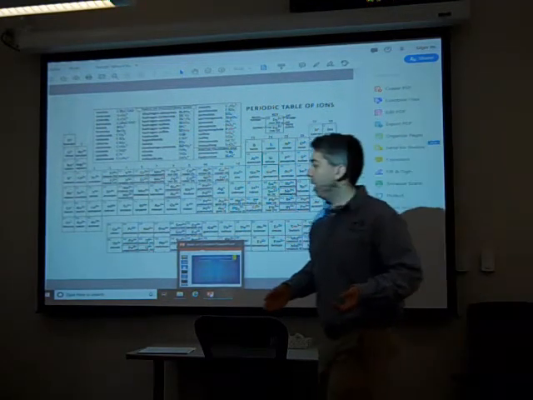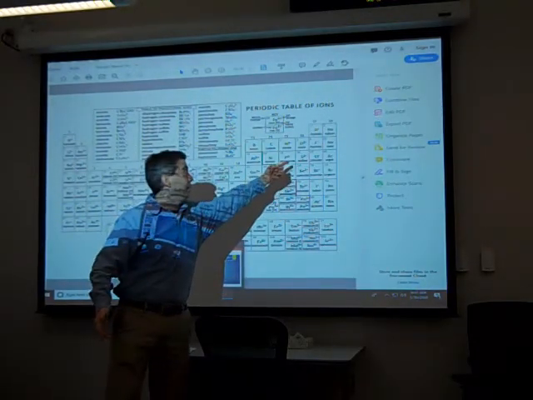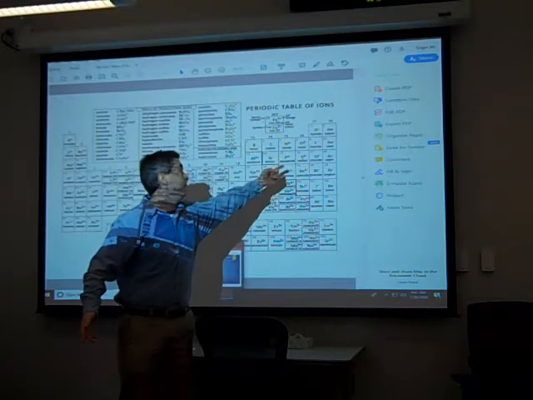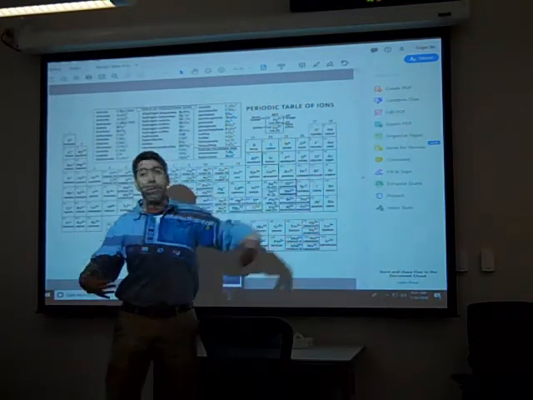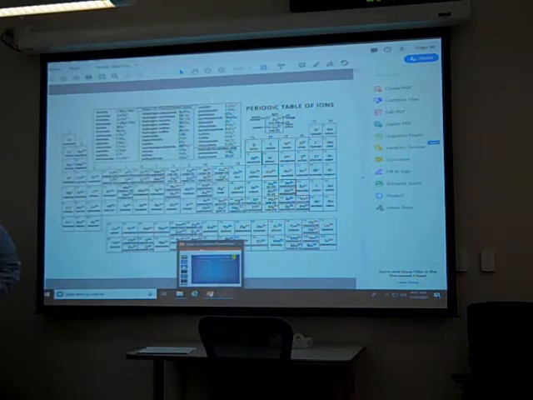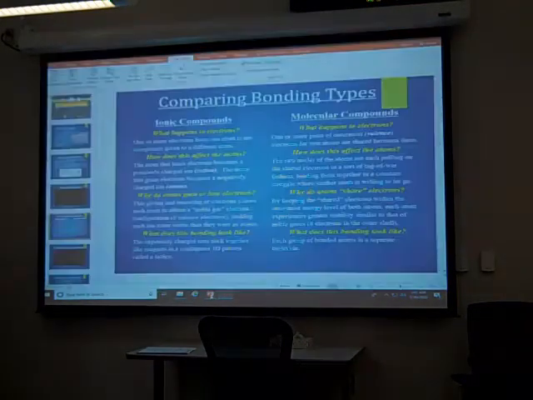Negative 1. Exactly. And then likewise, sulfur is going to want to gain 2 because it has 16 and it wants 18, so it becomes a negative 2. Phosphorus has 15 and it wants 18, so it's going to be a negative 3. So they're all trying to gain or lose electrons to be like the closest noble gas.